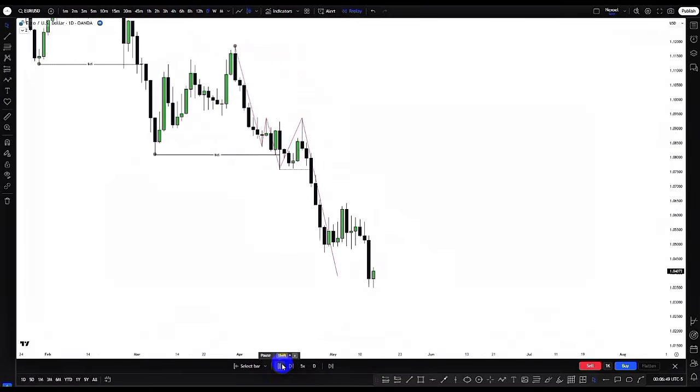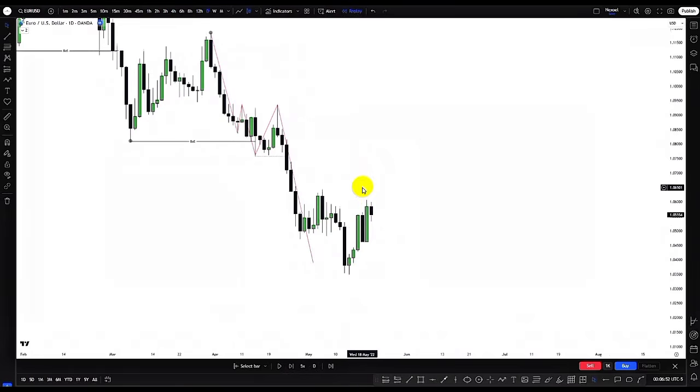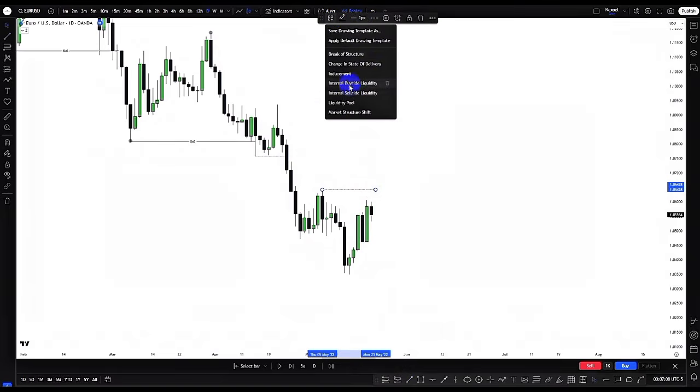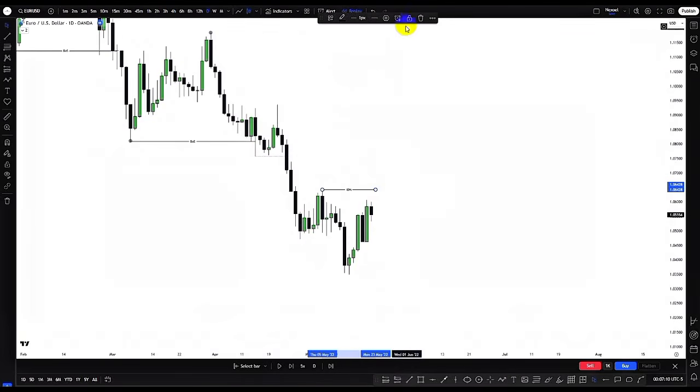Okay, so what you can clearly see now is price gave us another pullback here. So if price is trading to the upside, meaning this is the draw on liquidity, this is the buy side liquidity, we're looking to see how the institutions will take out that inducement liquidity.